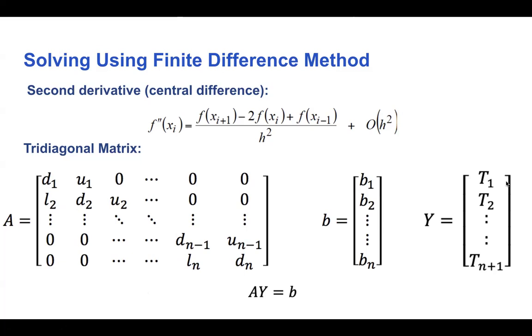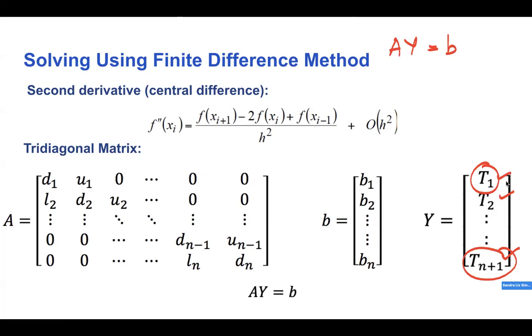So how will you have it? You will have it in the form A Y is equal to B, and here Y will have the temperatures T1, T2 up to Tn. Since the boundary value is given to you, you know what T1 is. T1 is the first boundary temperature.